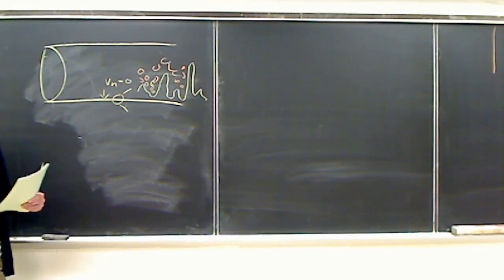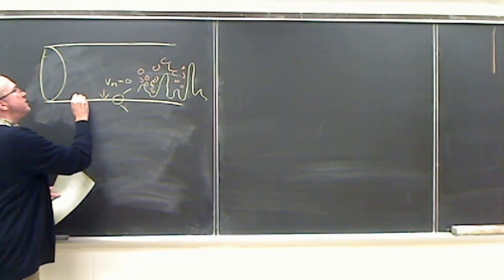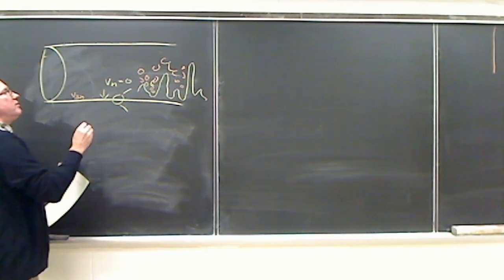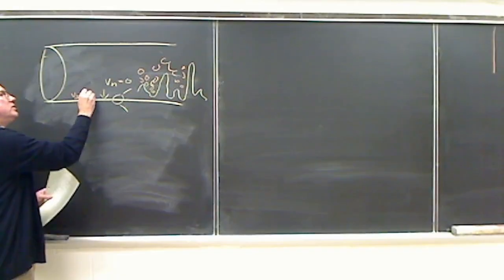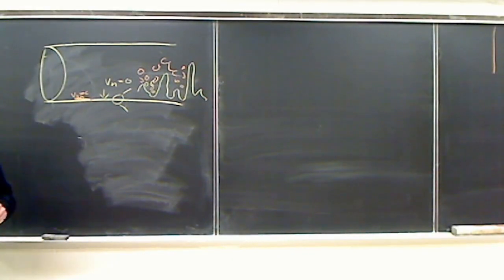Very, very small, but that's enough so that the crosswise velocity, parallel with the surface, is also 0 right at the surface, but only right at the surface. We can treat it as only at the surface is the transverse velocity 0.